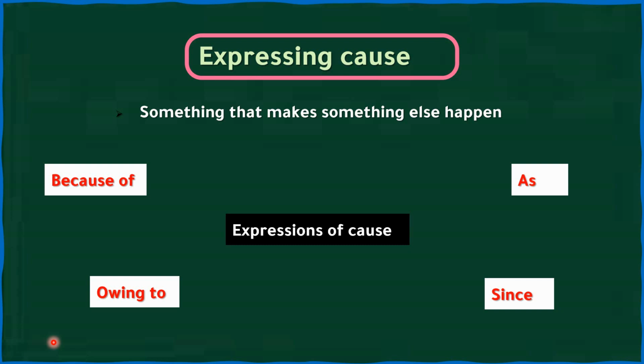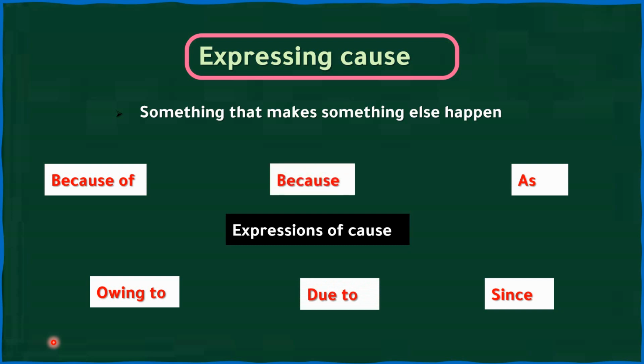We use them to express cause in between sentences. And we have due to, and we have also because, and each expression has its own specificities and its own characteristics in terms of use.